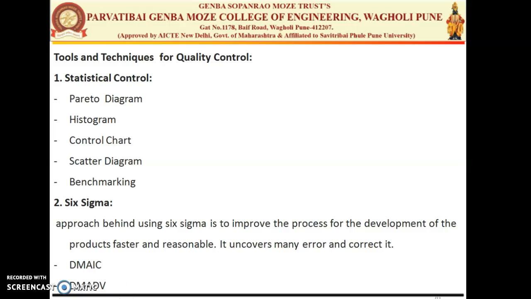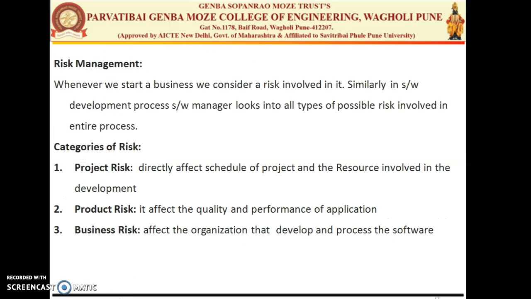Now let's move to the next point, risk management. Whenever we start a business, we always need to understand what risks will come up, or what the potential risks to our business are. The same holds in software development, where the software manager looks for all the possible risks that can be involved.